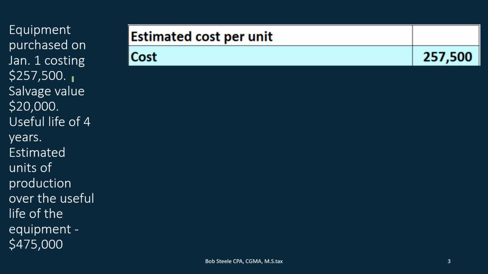And an alternative method to that would be the double declining method. That would be a method thinking that the first year should have a greater amount of depreciation than the later years. So we would have a method that would basically front load the depreciation in the beginning years, and then have less depreciation in the later years.